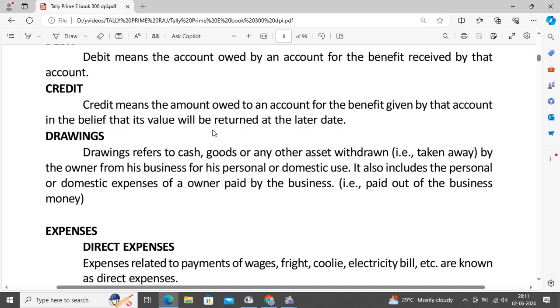After some days they will return the money. That is called credit.